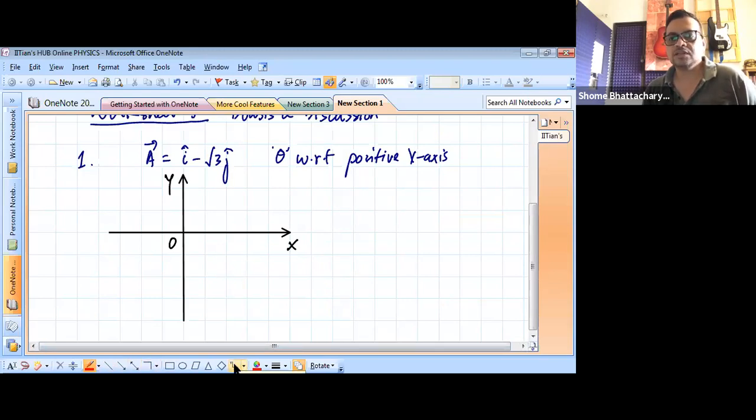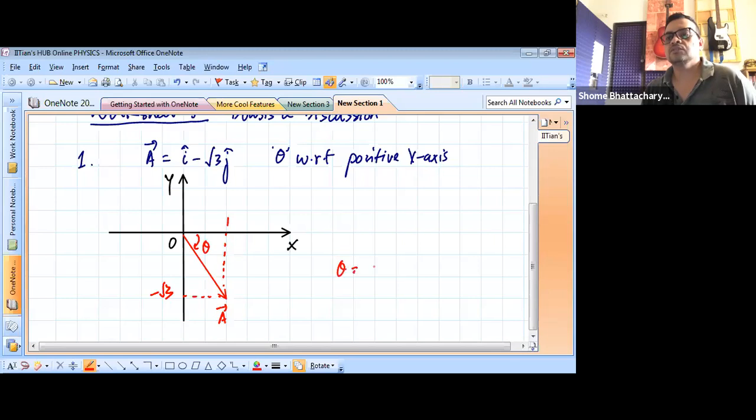Okay, Hitanshu, so 1 is clear, I think, right? Okay, so anyway, I'll just complete the question. So it would be something like this, right? Where this is minus root 3 and this is 1. So you can see this is theta.